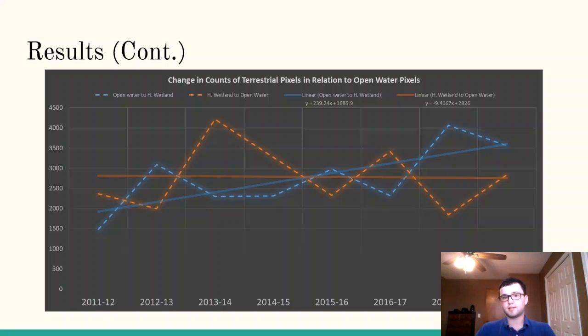I would not say that with confidence, as some of the R-squared values here were rather low, so we can't really pull anything from this graph. All I would say is that we need more studies examining what is going on here, because there's obviously something happening, but we don't have enough confidence in this data to really say definitively that something is happening.